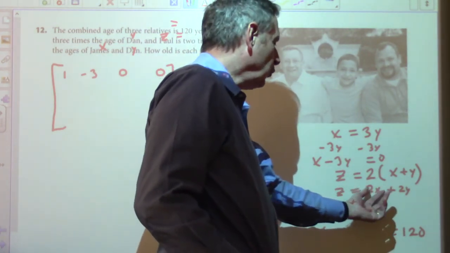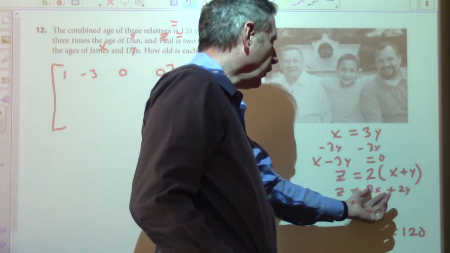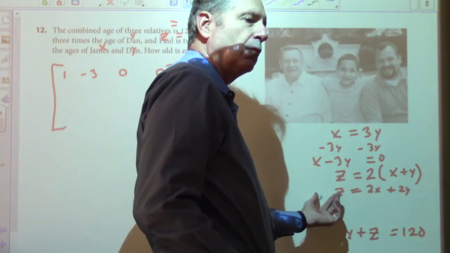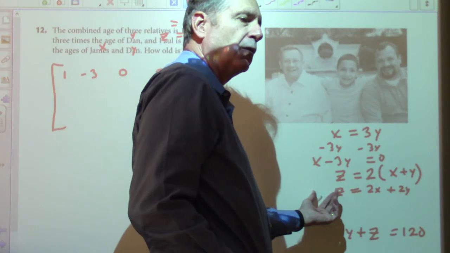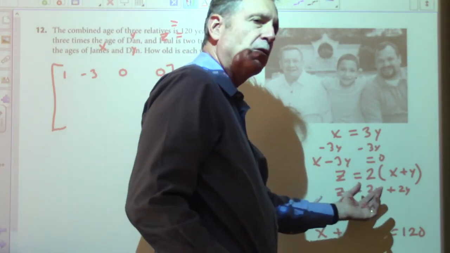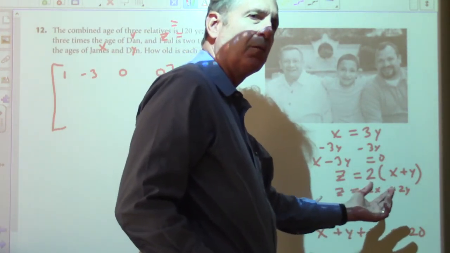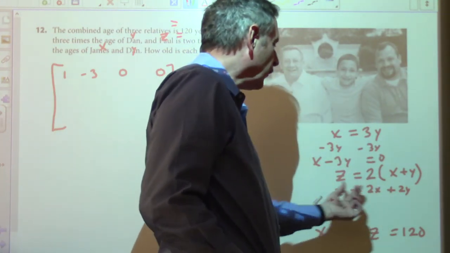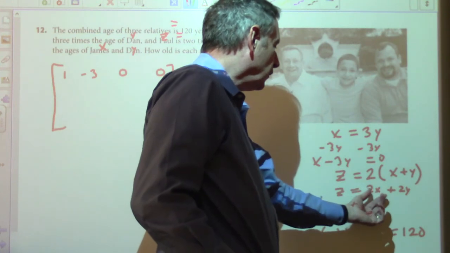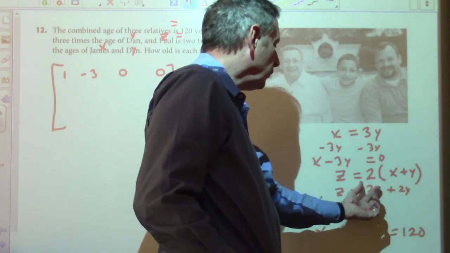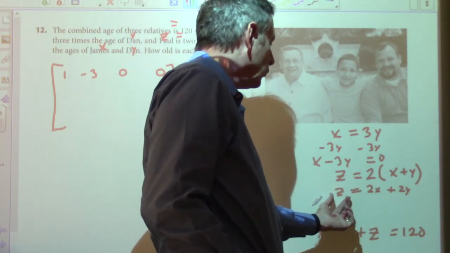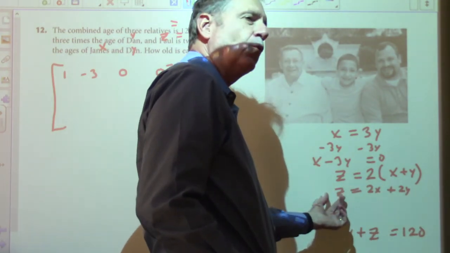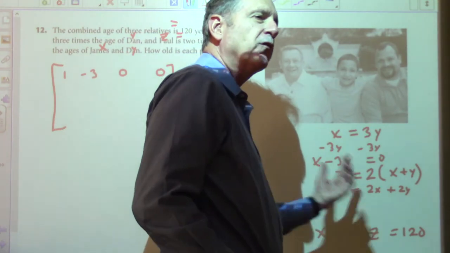If I take this 2x over here, what does it show up as? Okay, nobody taught you that? You can take anything and move it to the other side, but you have to make that negative. So 2x over here becomes negative 2x over here. 2y becomes negative 2y. And then we have 0 left.